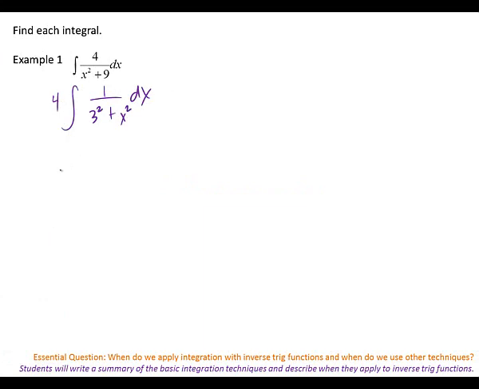So to integrate it, I keep the 4. Then it says we've got to have 1 over a. What's the a value? 3. And then it says arctangent. The u value, so this is the a value, that's the u value. So what's my u value?